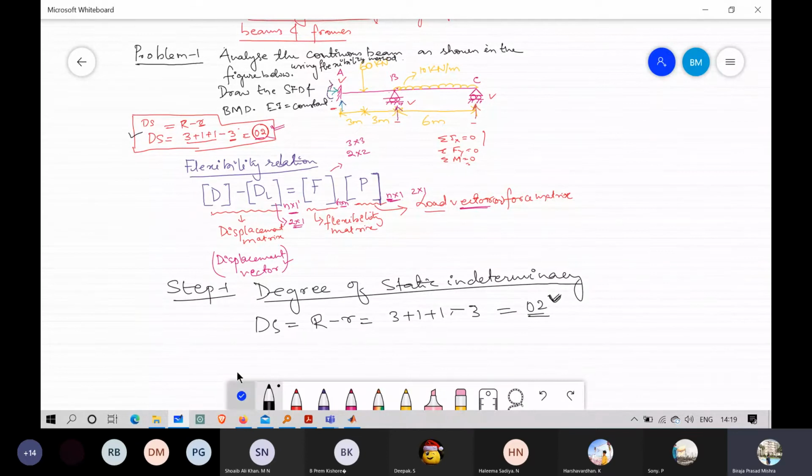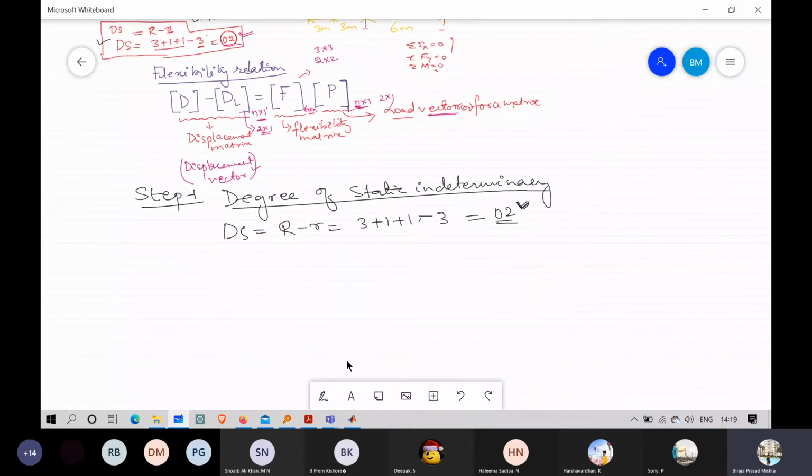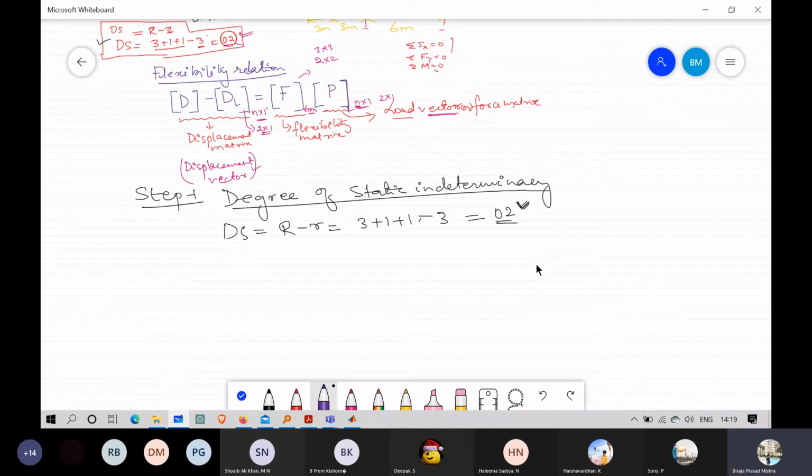Let me draw the same figure here for you. So this is A, this is B, this is C, and here we have a UDL. I'm not showing all the values.